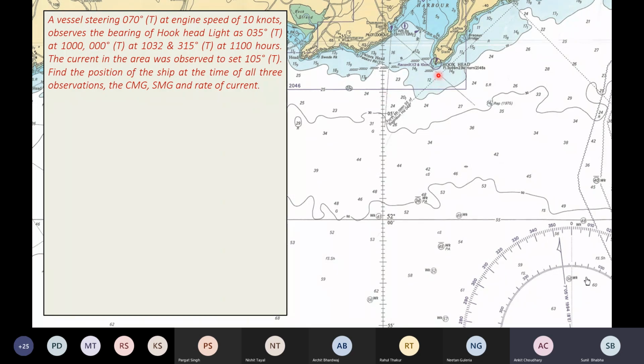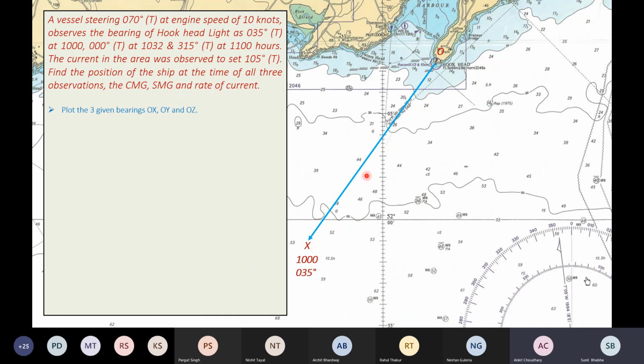So let's first identify the landmark. We have the Hook Head light at this particular location. Now let's first plot the three given bearings. Let's mark the Hook Head lighthouse as O. The first bearing which is given to us is 035, and this bearing was taken at 1000 hours.